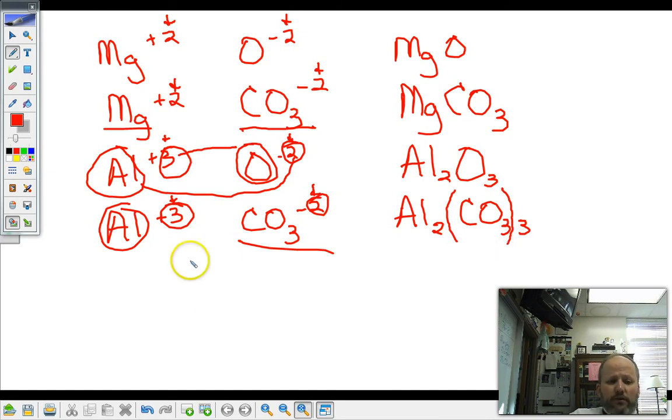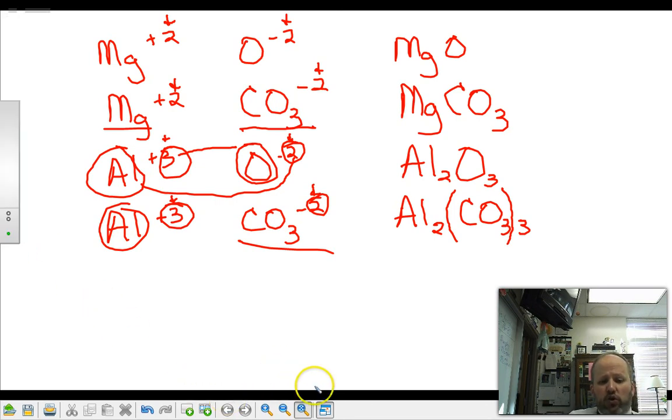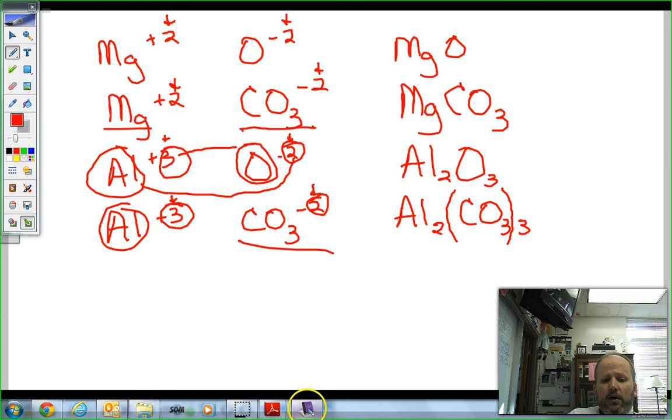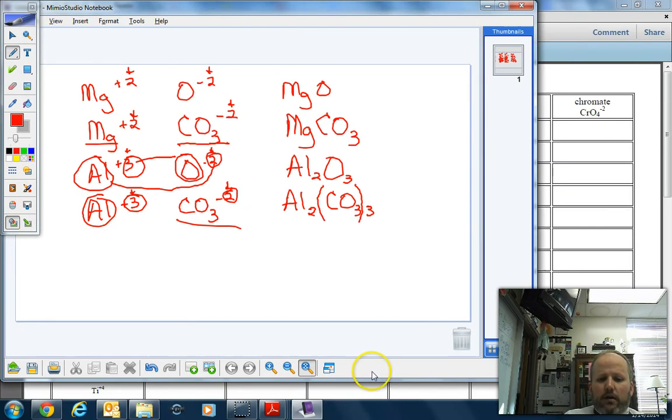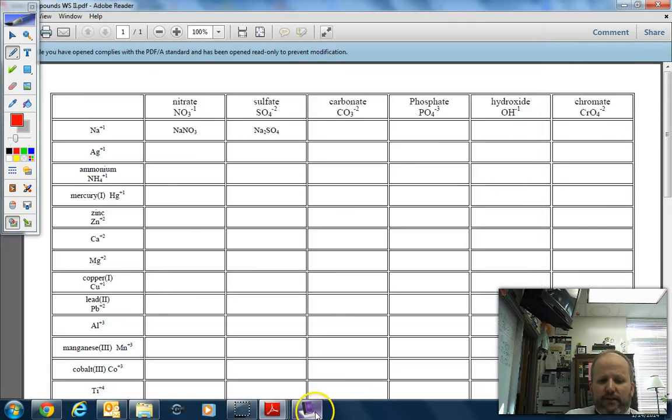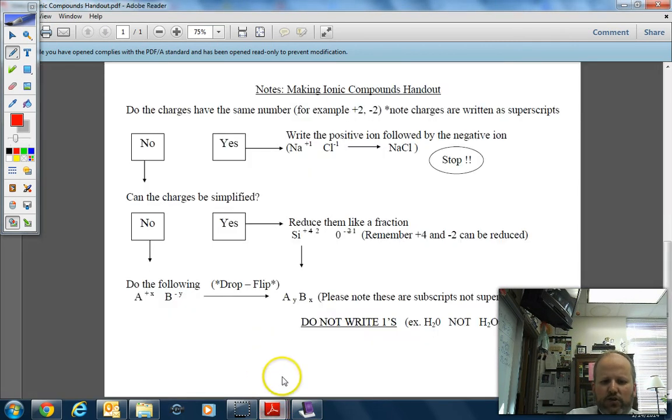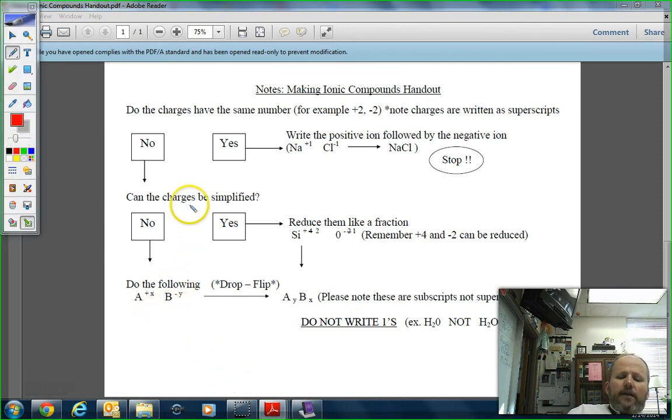So, for that reason, I want you to add something to your flow chart. On your flow chart, I want you to add something to the very bottom. You will only use parentheses if you make it to the third question.